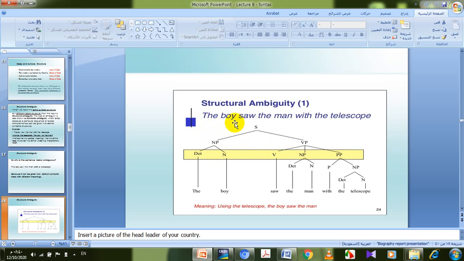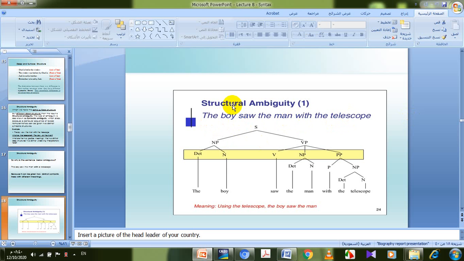The boy, the subject. The car, the strong boy, the little boy. So the subject should be a noun phrase. Sometimes it might be a determiner or article with a noun. And the rest of the sentence starts with a verb.